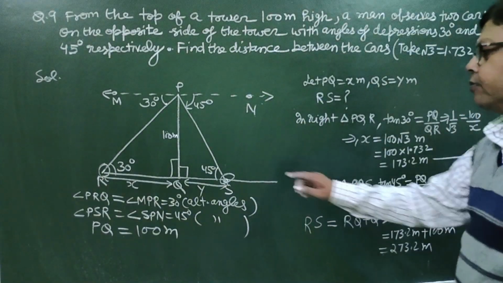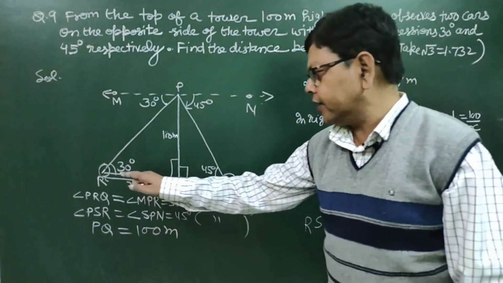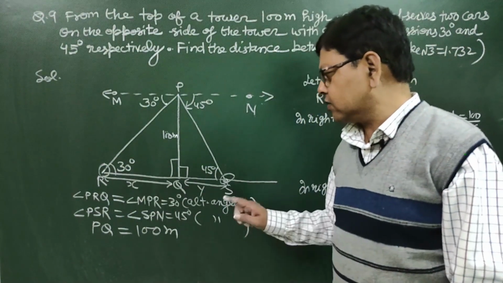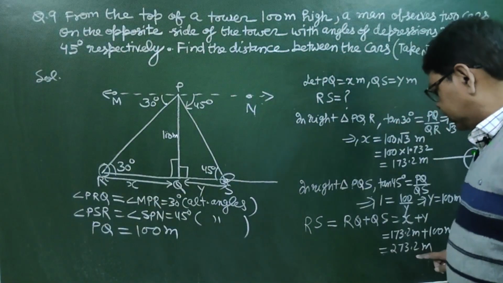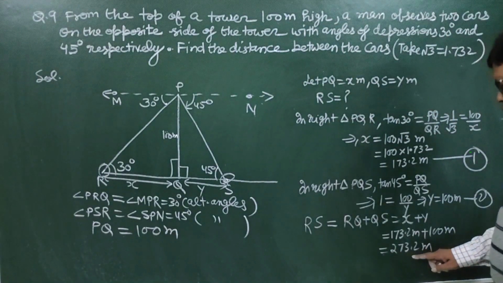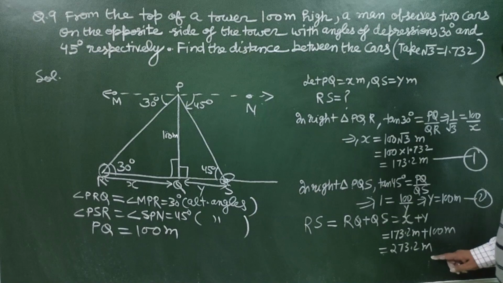So the distance between the two cars which are at the point R and S is equal to 273.2 meter.